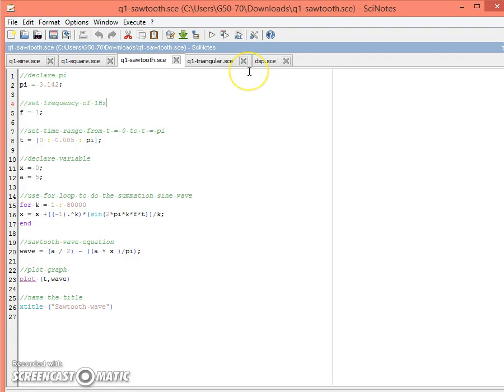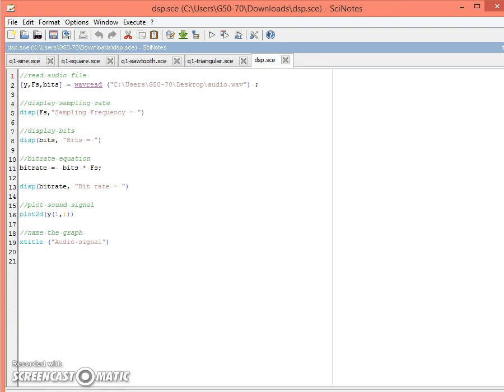Due to the time constraint, I have written the code, so I will just explain it.